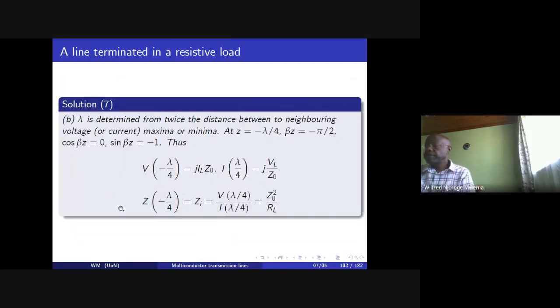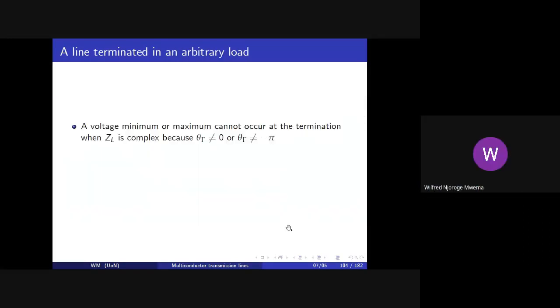And therefore, we can see that Zin, the Z at minus lambda by 4, is going to be given by the voltage at minus lambda by 4 over the current at minus lambda by 4. And you can see that that is going to be given by Z0 squared over RL, just like we saw for a quarter lambda section of line terminated in a load impedance ZL, which in this particular case is equal to a resistance RL.